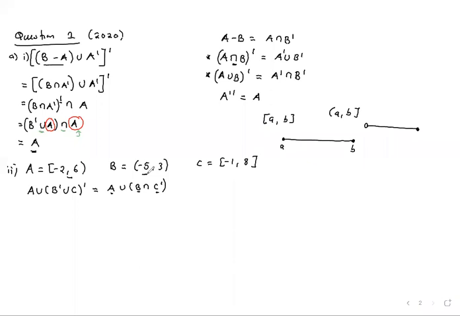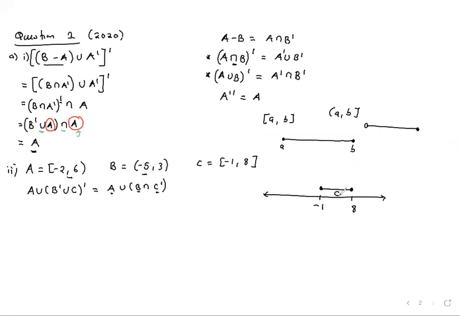So the universal set here is R, and C runs from -1 to 8, meaning that anything outside that, if this is my number line, going this side, you have from -1 to 8. This is where you find C, including this guy, including that guy. So this is C here.